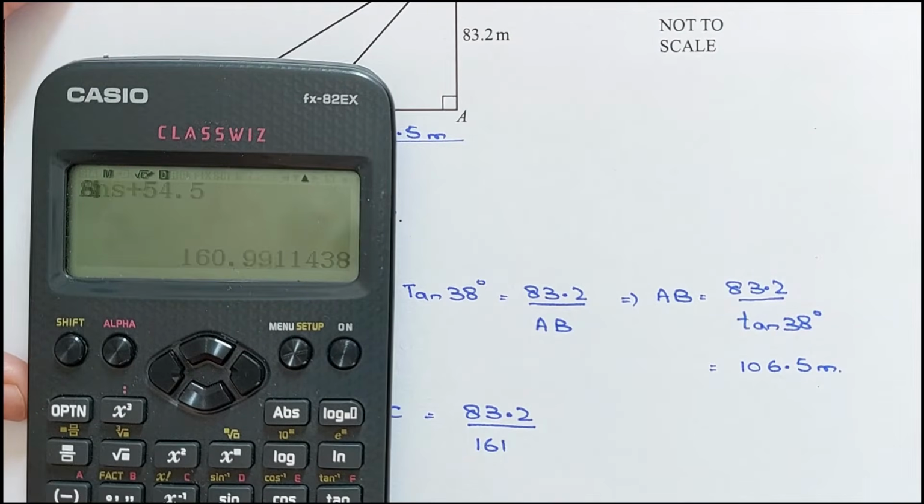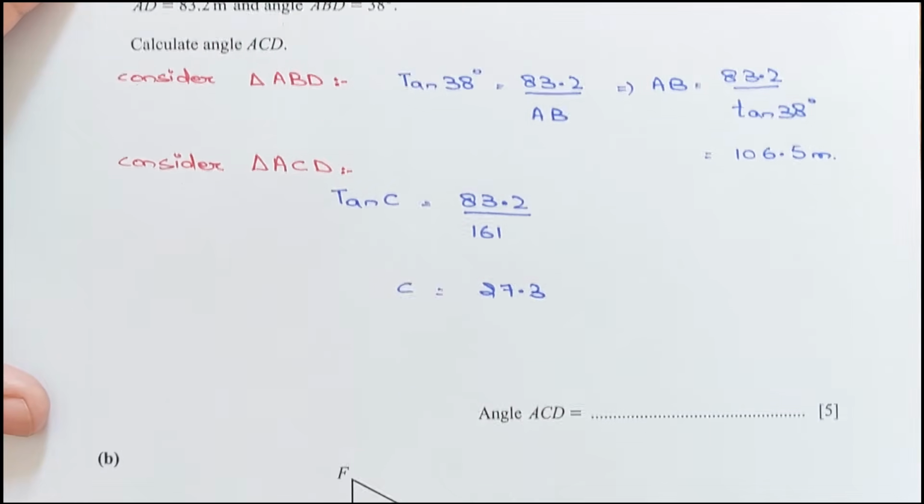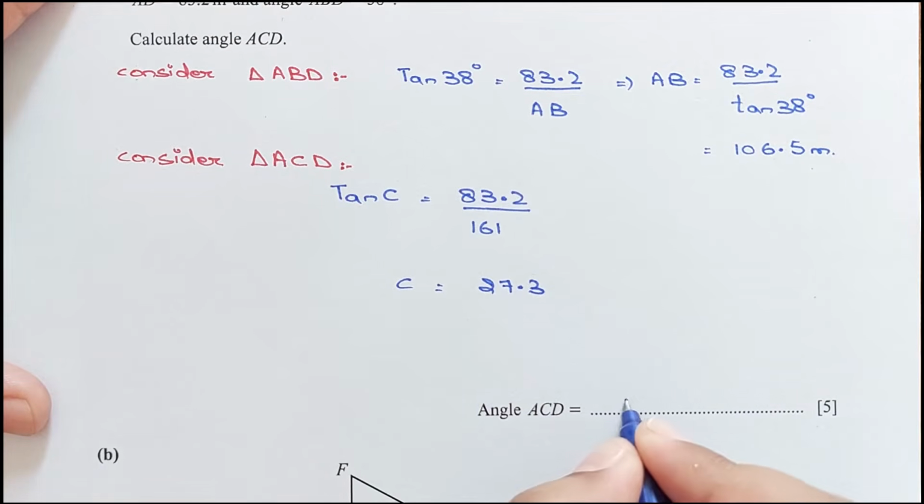All right, 83.2 divided by 161, and tangent inverse of the answer, that is 27.3. So angle ACD is 27.3 degrees.